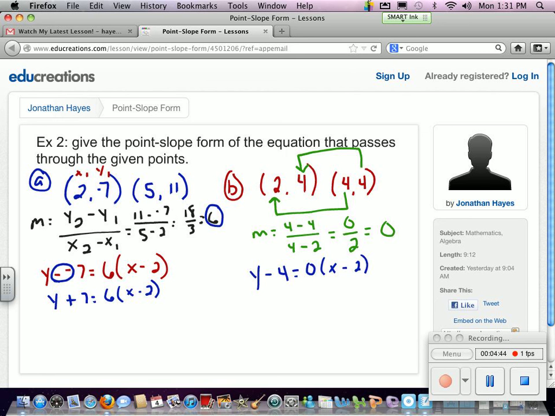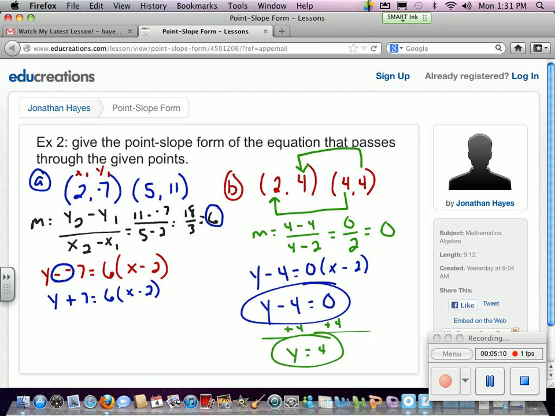If you remember from the last set of problems, when we're multiplying by 0, it's just going to give you 0, so we can actually make this y minus 4 equals 0. You might also see it solved out and written as y is equal to 4.